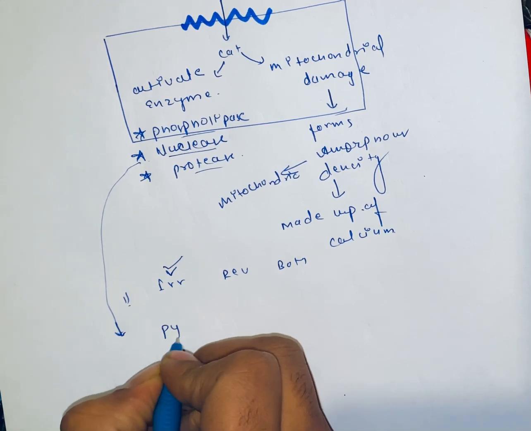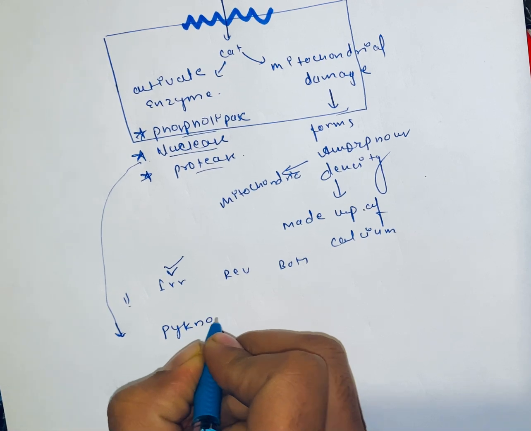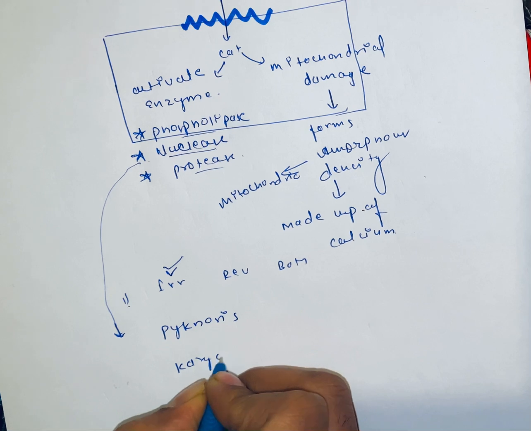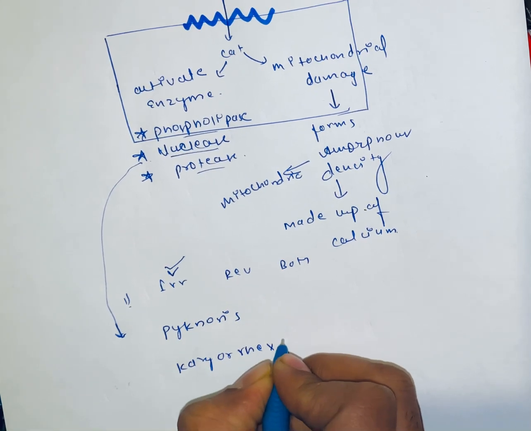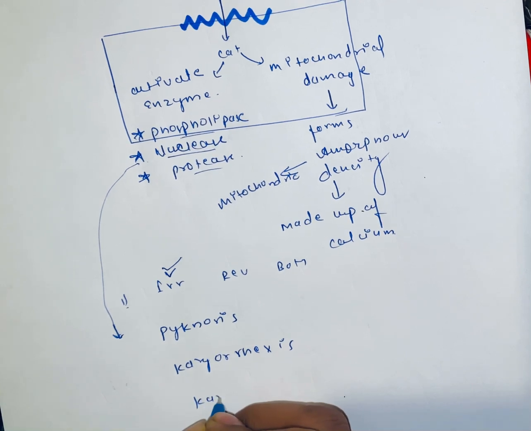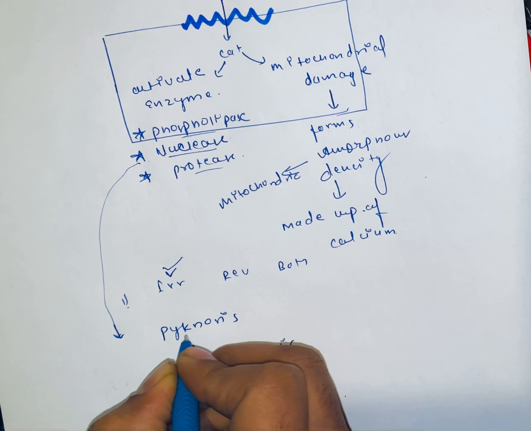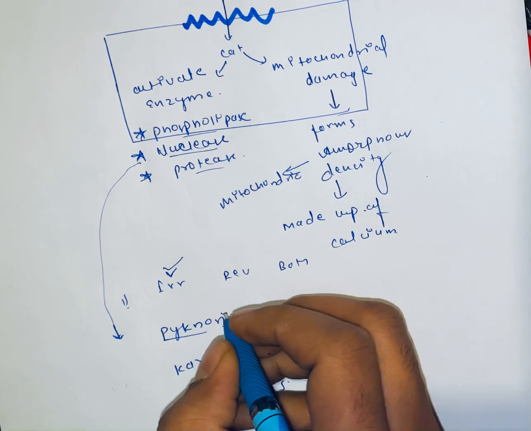First is pyknosis, second is karyorrhexis, and third is karyolysis. Pyknosis means nuclear shrinkage.